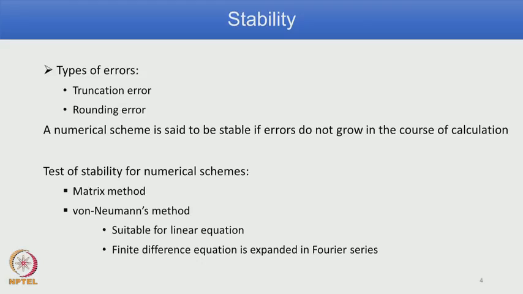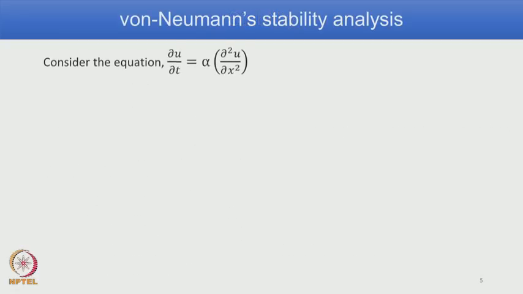However, it gives an idea whether the scheme is stable or not. Here, the finite difference equation is expanded in Fourier series form, and just like linearity is one limitation, it is also not applicable near the boundary. So, to get an explanation of von Neumann stability analysis, we take a model equation.